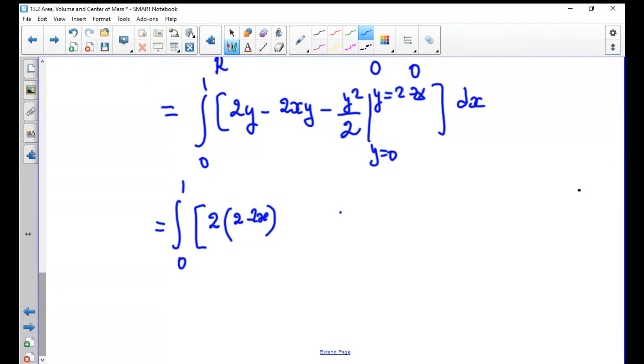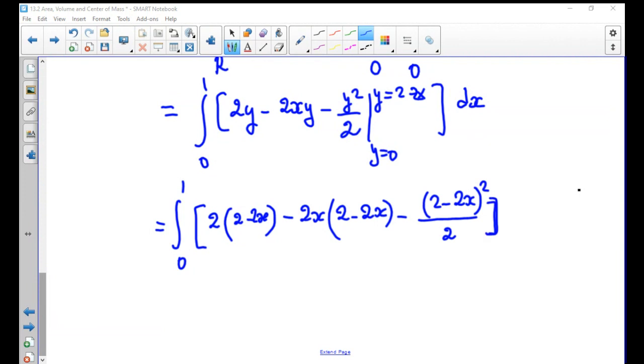And then minus 2x times again 2 minus 2x, and then minus 2 minus 2x that we square, and we put this over 2, and we have dx, like this.